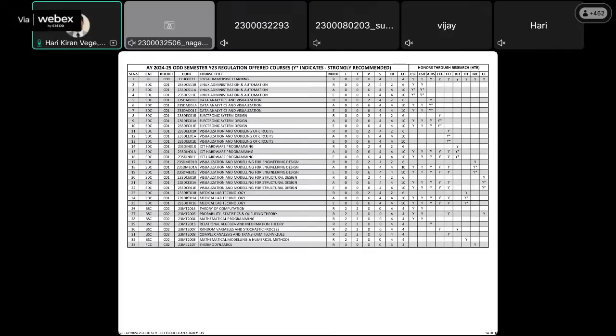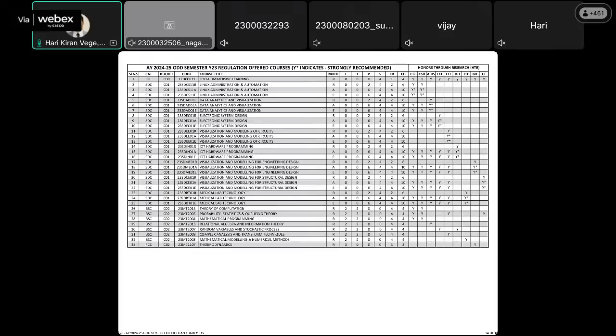One is Linux administration automation in advanced mode and the other is Linux administration automation in experiential learning mode. So I can pick any of them. So experiential learning courses do not have to be done only by HTE students. Others also can do them if there is a Y or a Y star given against it.